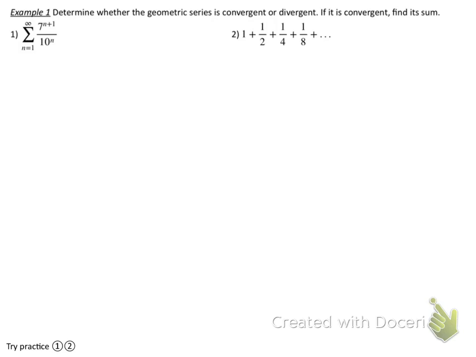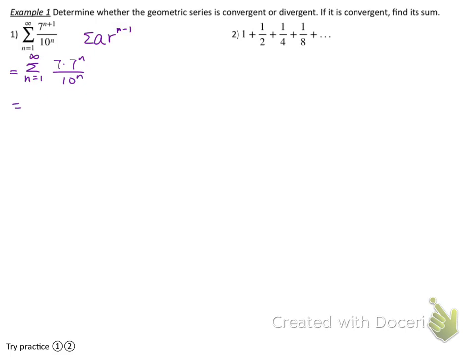All right. So my first sequence, I'm having sigma n from 1 to infinity. Remember, I need a r to the n minus 1 in the summation. So first of all, let me write 7 to the n plus 1 as 7 times 7 to the nth power over 10 to the nth power.